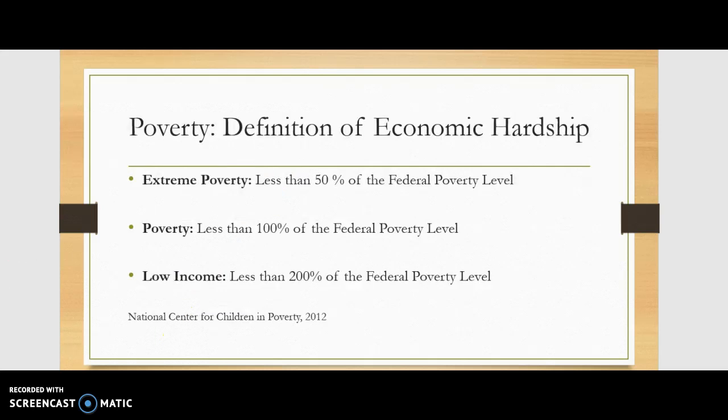The poverty threshold is used to indicate the least amount of income that a person or a family needs in order to meet their basic needs. Individuals are considered poor if the income falls below a specified amount.